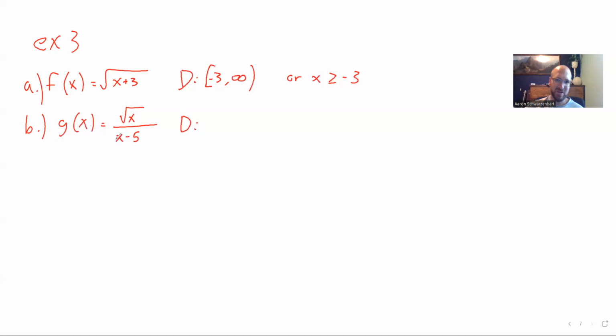I also have this problem, though, that I can't divide by 0. And if I plug 5 in for x in my denominator, 5 minus 5 is 0. So I have to exclude 5. When I do interval notation, I can do that by doing 0 to 5, not including 5, union 5 to infinity.